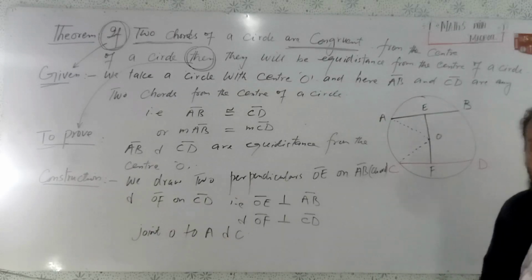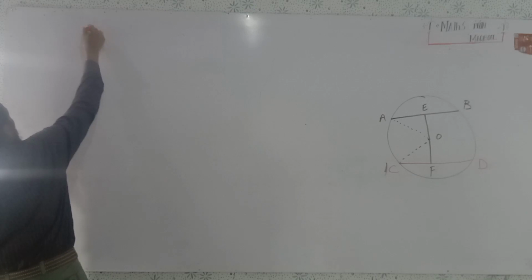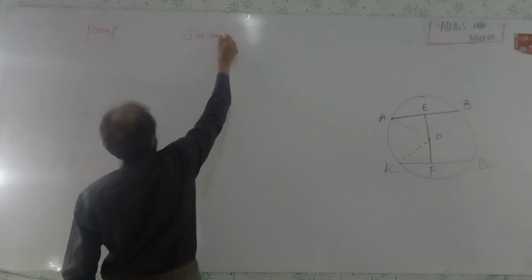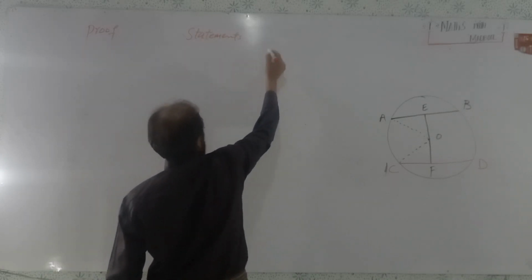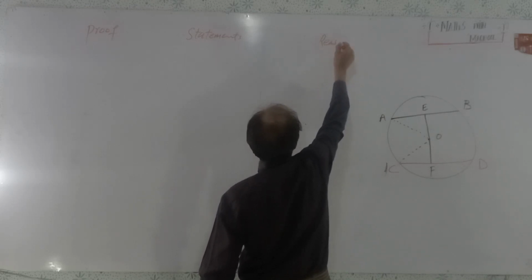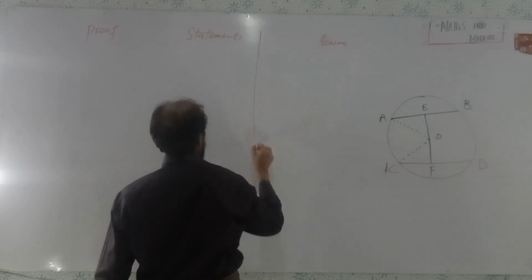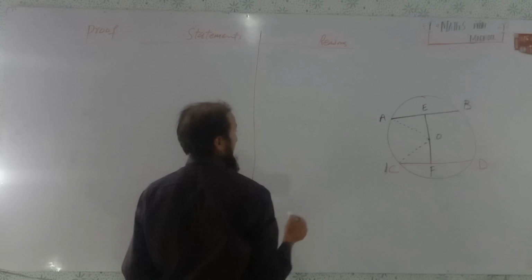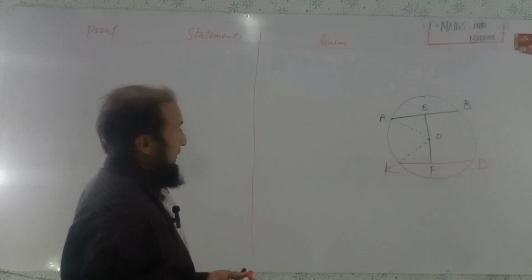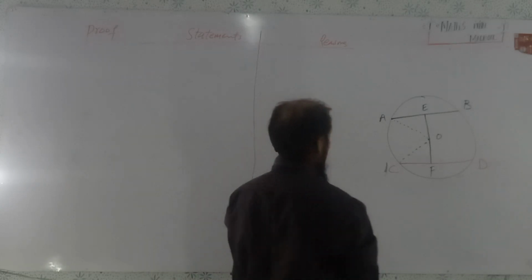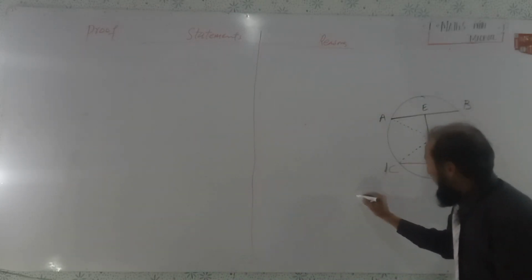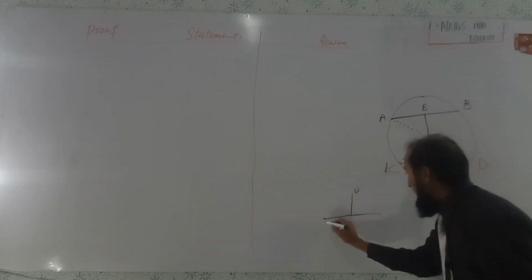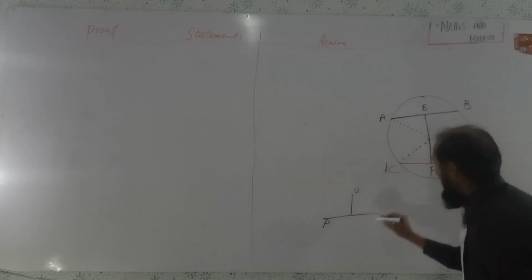How will we prove it? Statements and reasons. Now we can write, according to the definition of perpendicular: look here, the chord AB, for example, with O the center, and E is the midpoint.